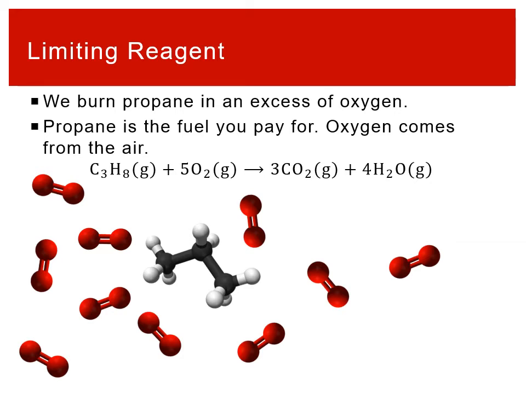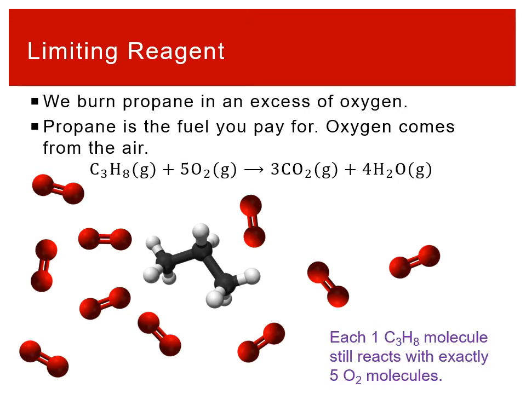So for example, when we burn propane, right? So this reaction, my favorite, C3H8 plus 5O2 gives me 3 CO2 and 4 H2O. So in order for this reaction to happen, I need to have 1 propane molecule and 5 oxygen molecules. But when I mix it together, what we functionally do is use extra oxygen.